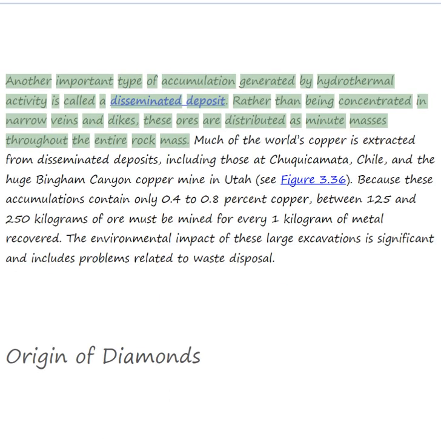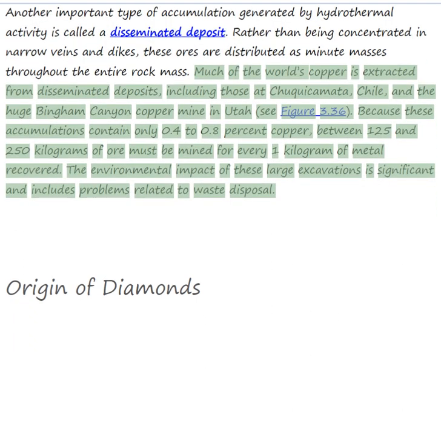Disseminated deposits. Another important type of accumulation generated by hydrothermal activity is called a disseminated deposit. Rather than being concentrated in narrow veins and dikes, these ores are distributed as minute masses throughout the entire rock mass. Much of the world's copper is extracted from disseminated deposits, including those at Chuquicamata, Chile, and the huge Bingham Canyon copper mine in Utah.